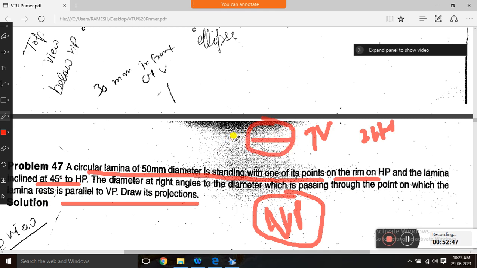Okay, so if we consider this point A, this diameter should be inclined to VP, but instead of VP inclination they given the point on which the lamina rests, that is parallel to VP, means you have to make this parallel to VP. That is the third position. See here.